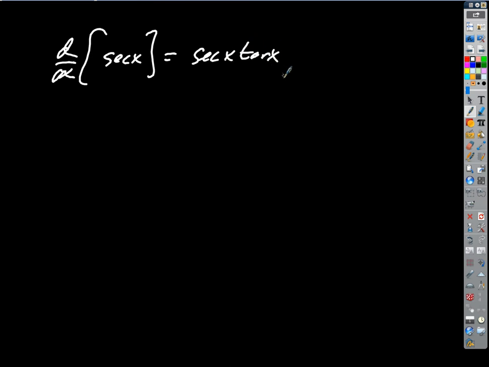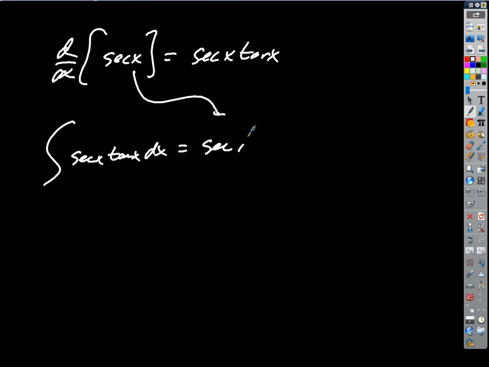What's the corresponding antiderivative that goes with that? The integral of secant x tangent x dx equals secant x plus c. Right, so I'm just working backwards, right? The antiderivative of whatever we got for our answer is just going to equal secant x plus c, right?